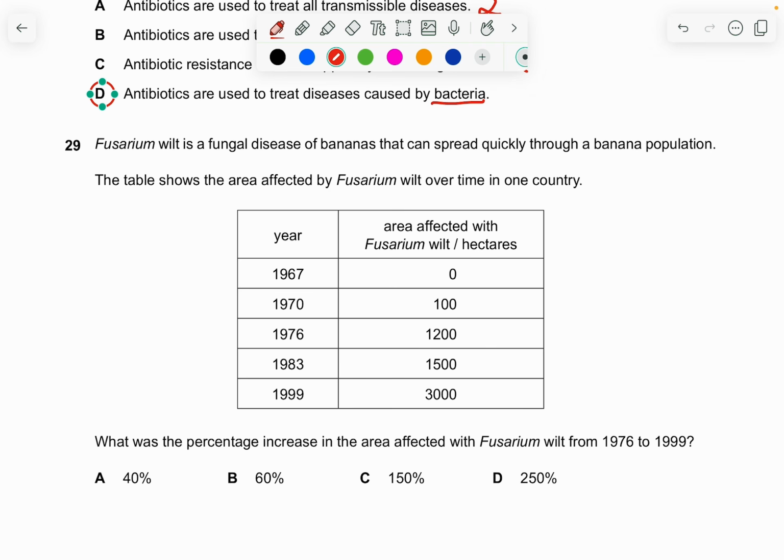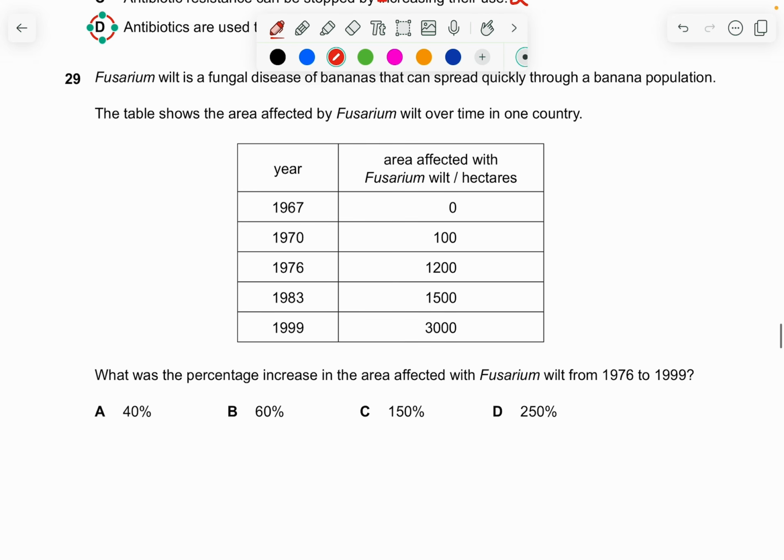Fusarium wilt is a fungal disease of bananas that can spread quickly through a banana population. The table shows the area affected by Fusarium wilt over time in one country. So what is the percentage change in the area with Fusarium wilt from 1976 to 1999? You can see that they want the percentage increase.